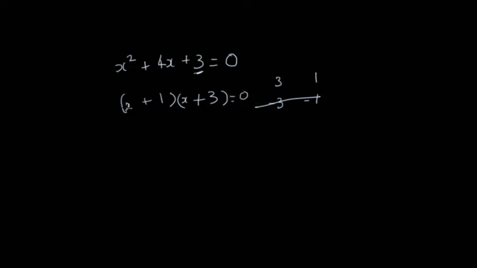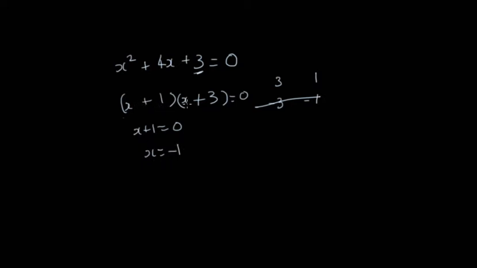So for the solution for this equation, a quadratic equation is going to usually have two solutions. So x plus 1 equal to 0, so x must equal negative 1. That is going to be a solution.